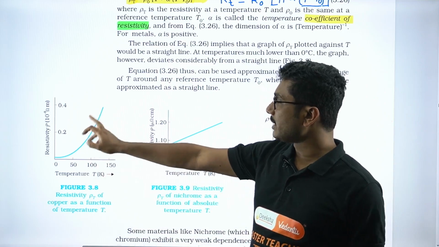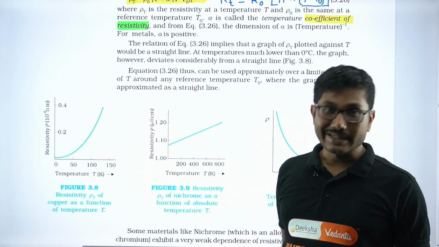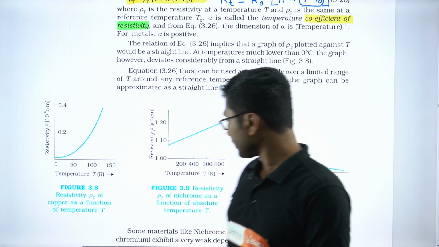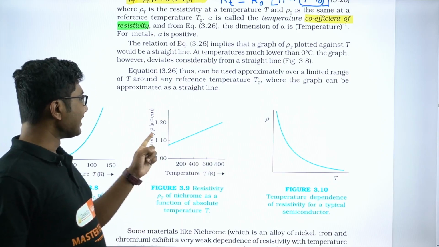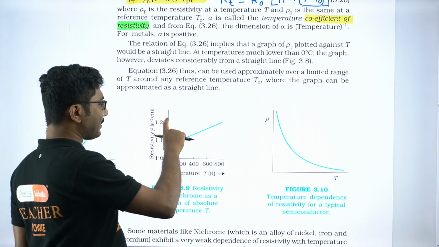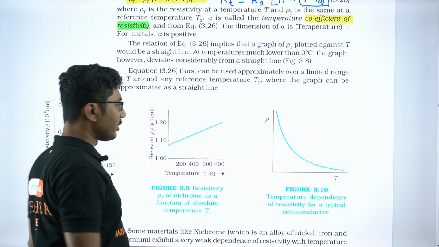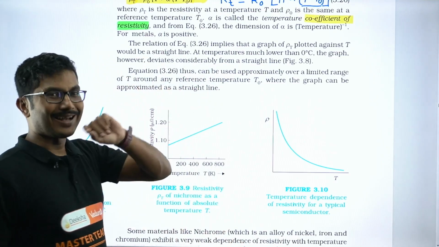For normal conductors, as you can see, the resistivity of copper increases with temperature, and some materials, for example nichrome wire, have resistivity that varies very slightly. They have expanded the scale from 0.10 to 1.1 to 1.2, so the value changes very slightly.